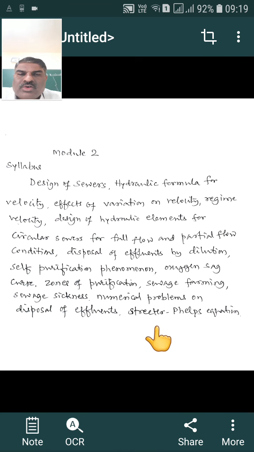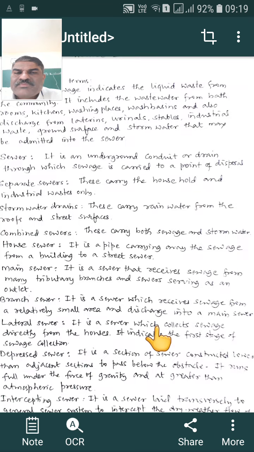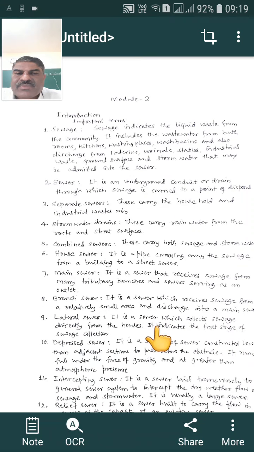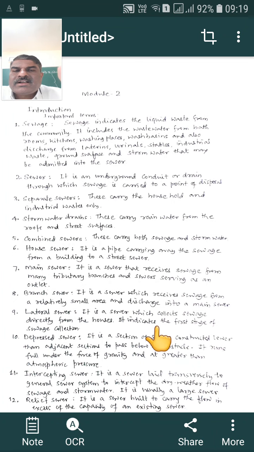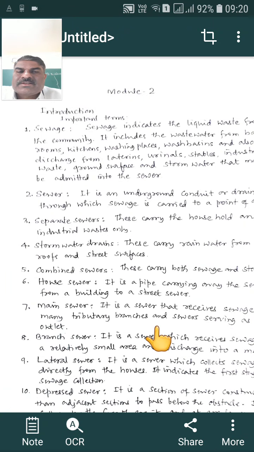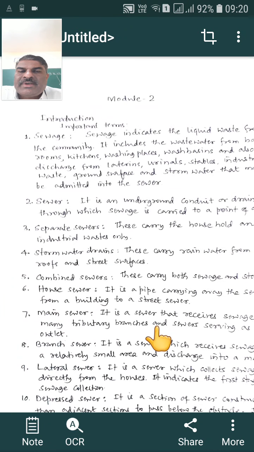So now we'll go for the introduction of Module 2. For studying this in detail, let us understand the technical terms which we come across. The first technical term is sewage. So what is sewage? Sewage indicates the liquid waste from the community.